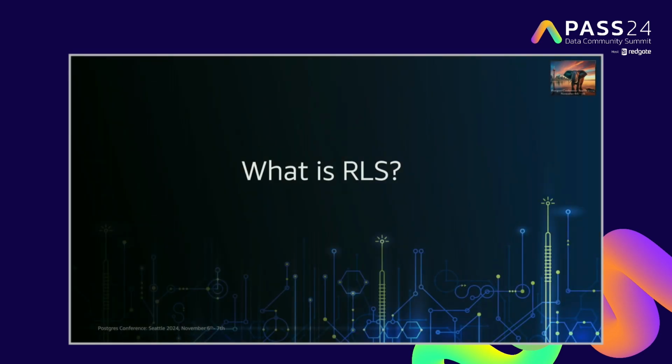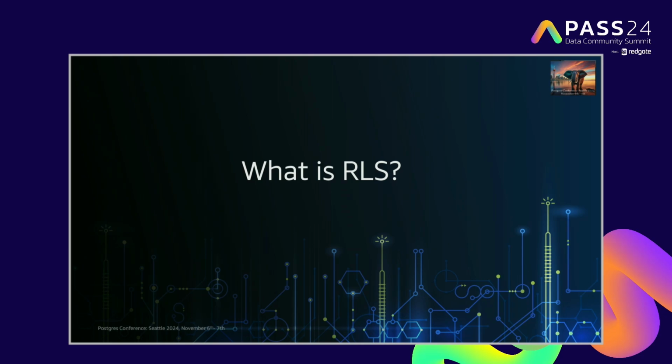So what is RLS? Restrict access to specific rows. We all know that. In a typical table, sometimes you have a need to control access to each individual row depending on who the user is that is accessing or updating the data. So restrict access to sensitive data.